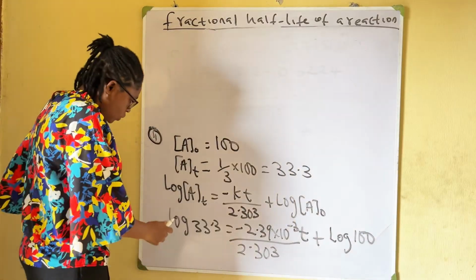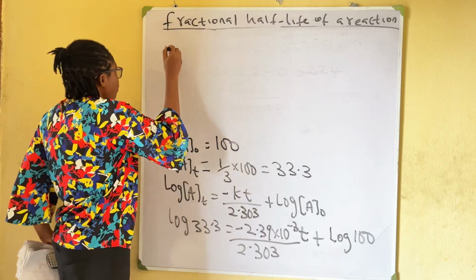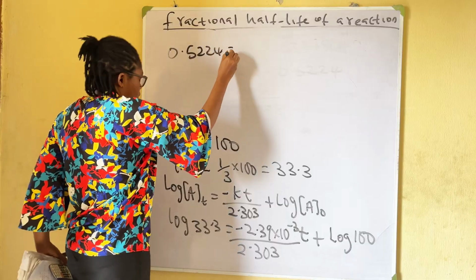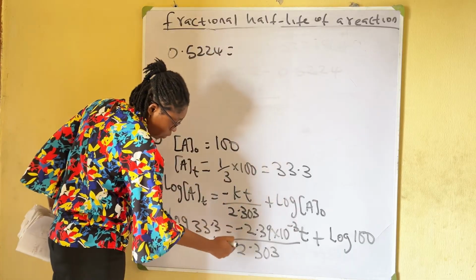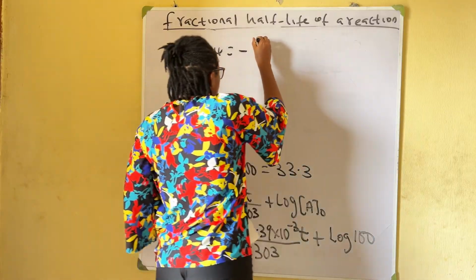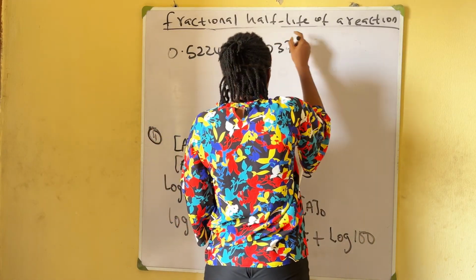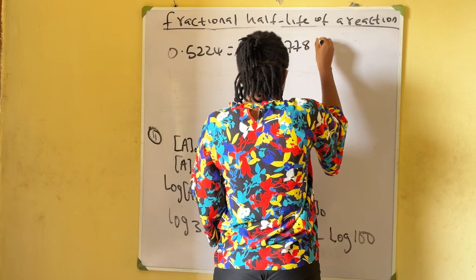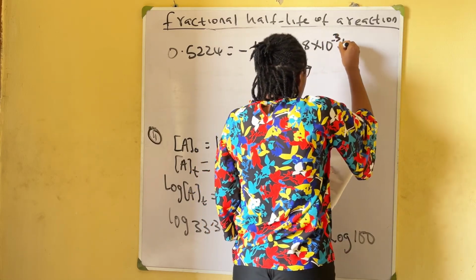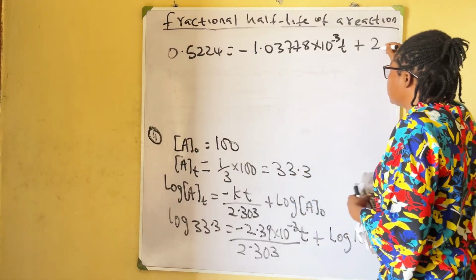So log 33.3 will give us 1.5224. When you divide this, you're having minus 1.03778 times 10 raised to the power minus 3 T plus log 100 is 2.